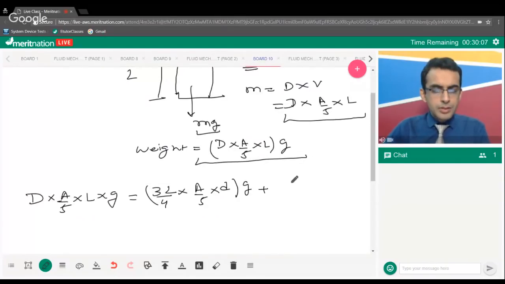So you can say L by 4 into A by 5 into 2D into small g.